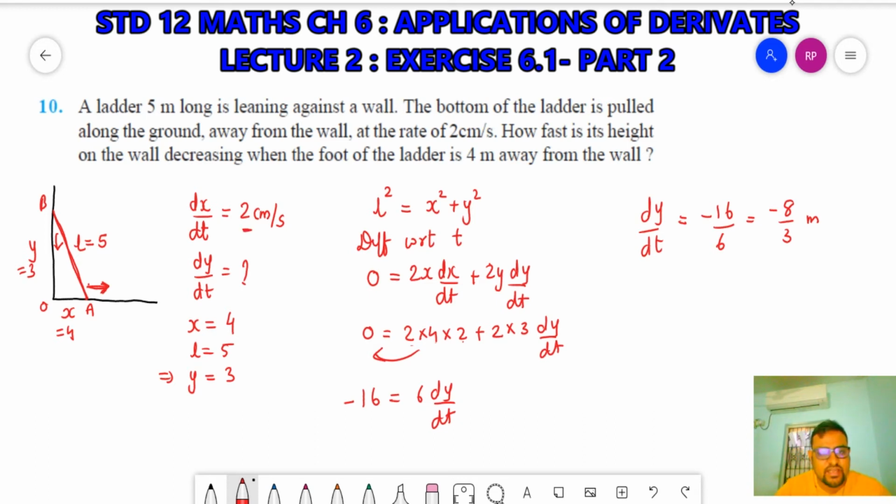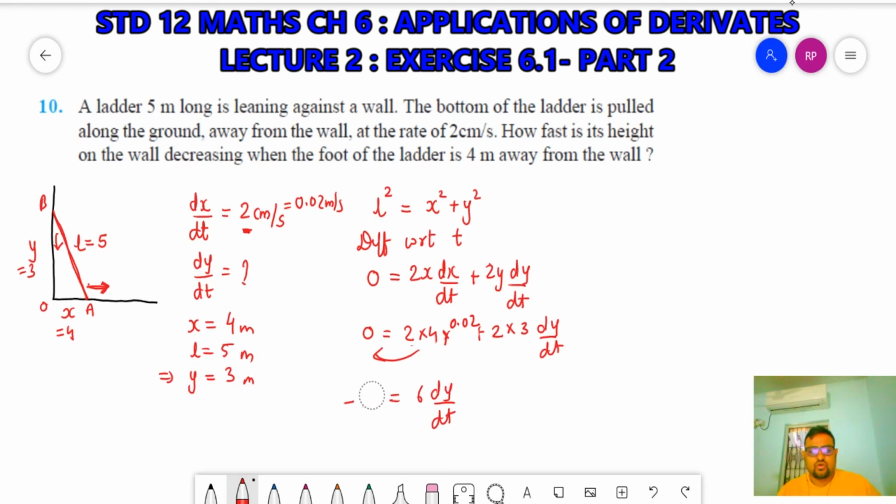It is given as 2 centimeters per second and this is in meters, so I need to take this as 0.02 meter per second. I need to change it here. So this will be 0.16 minus 0.16 equal to 6 dy by dt. Clear?